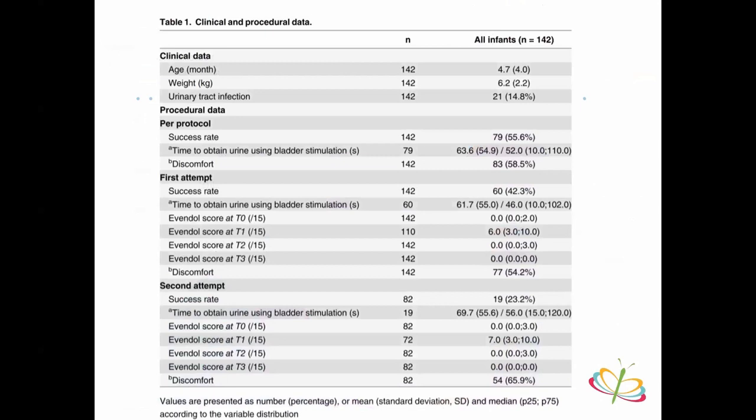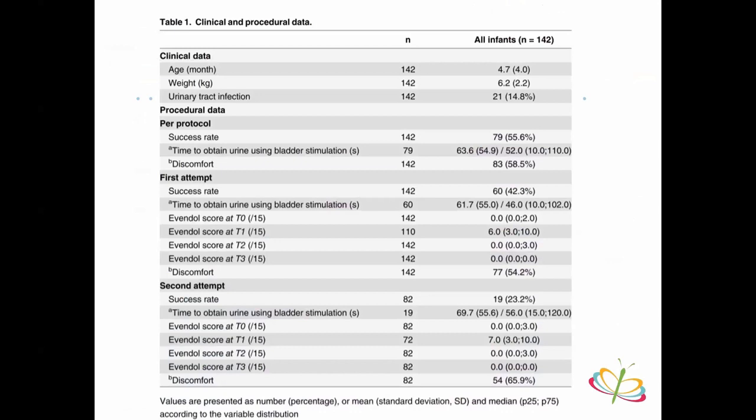Time to collect urine after bladder stimulation was 63 seconds, median of 52. The 25 to 75 percentiles were 10 seconds to 110 seconds. Discomfort was noted in 58% of the children.